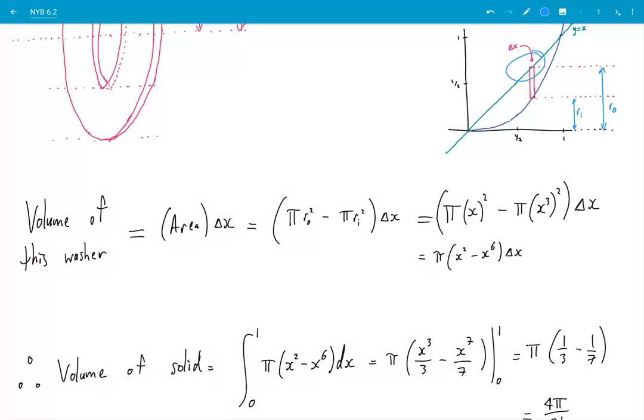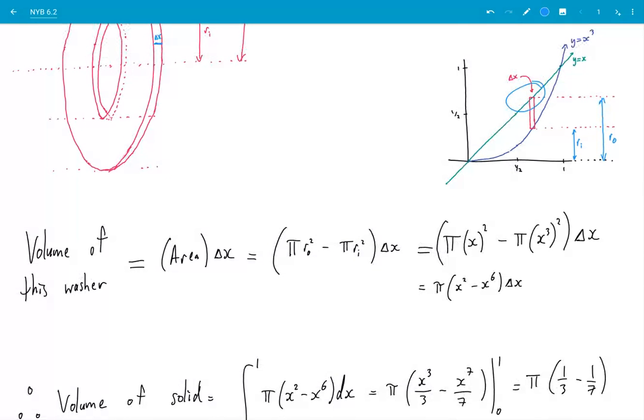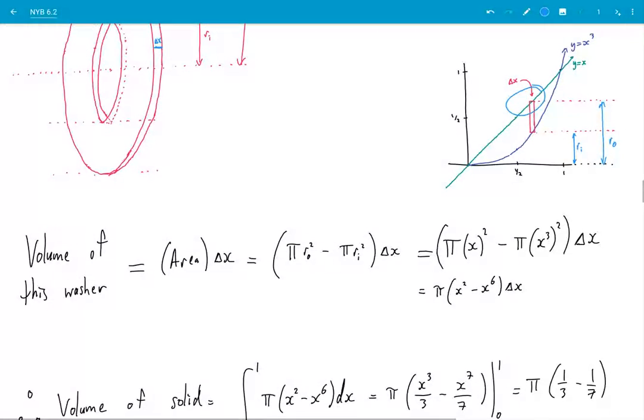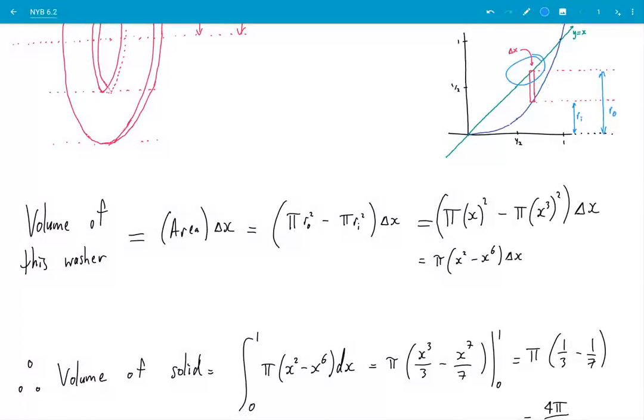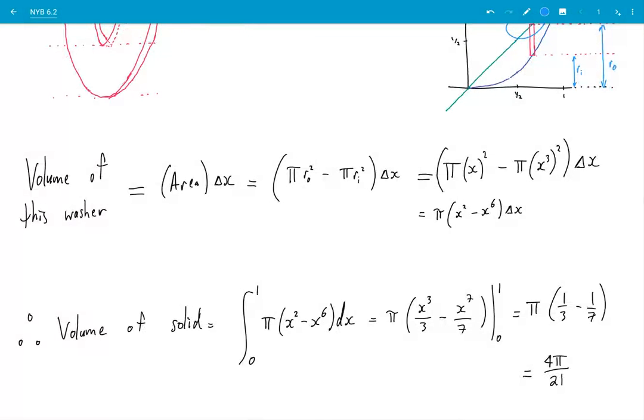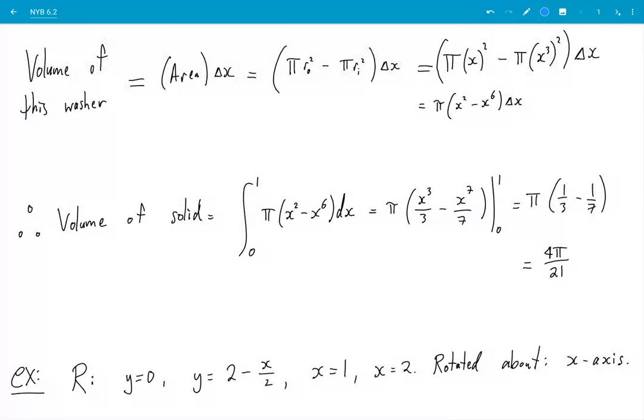Okay, because when you add more and more washers, or when you add more and more rectangles here, dx shrinks down to become infinitely small. Anyways, I digress. Let's just finish this calculation. 4 pi over 21. And move on.